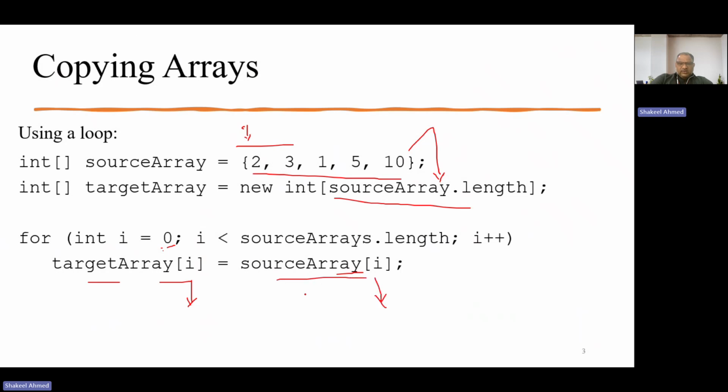This way the for loop will continue until the source dot length is reached. That's how you can copy one array to another array: you declare it, get its length, and copy directly.